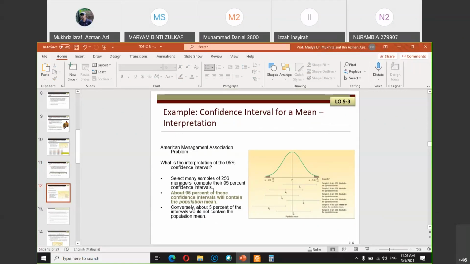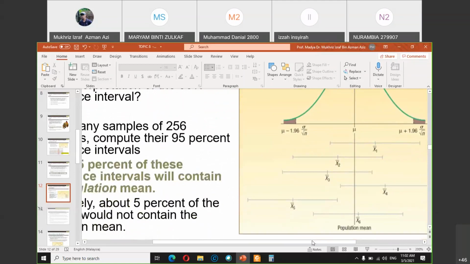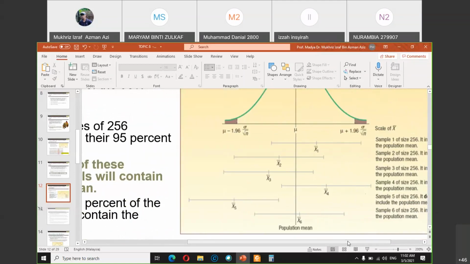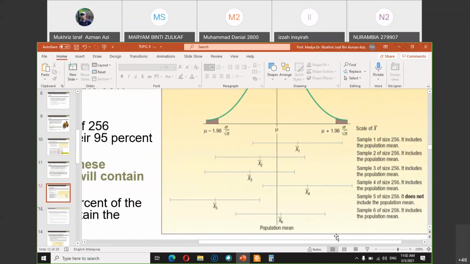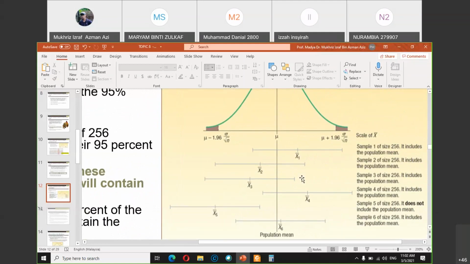The idea of CI comes from those many intervals, as you can see from this slide. How many times? Of course, in the real world you're not expected to repeat this process 1,000 times, maybe a few times, or even one time should be sufficient.